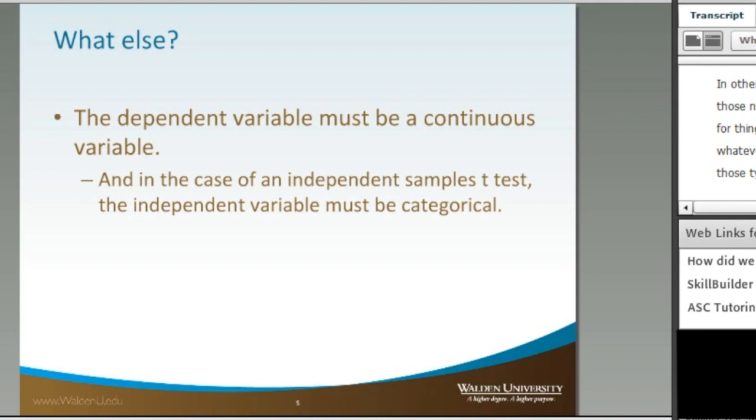And in the case of an independent sample t-test, the independent variable must be categorical. So again, if you're comparing weight, which is a continuous dependent variable, and you're comparing males and females, that's a categorical with two levels. That would be an example of a t-test.